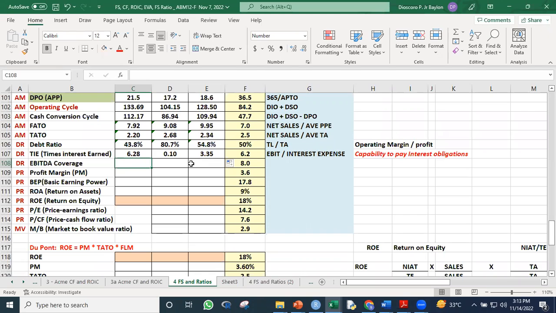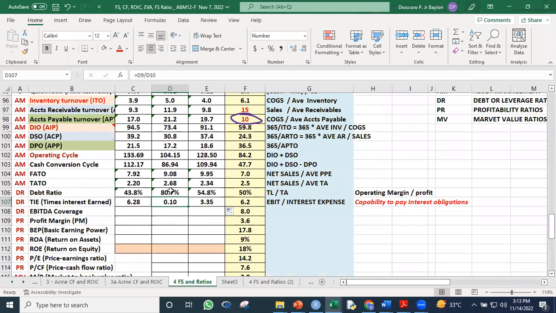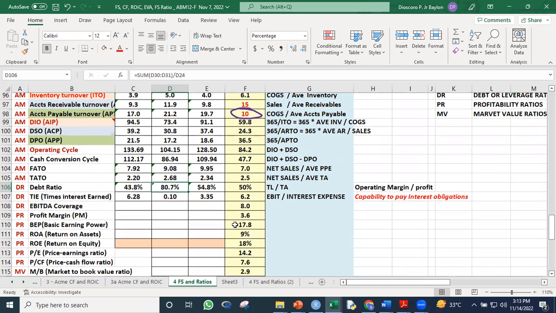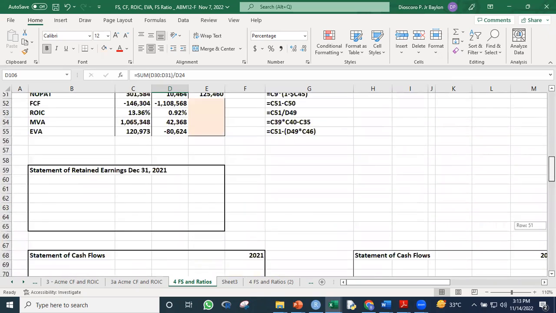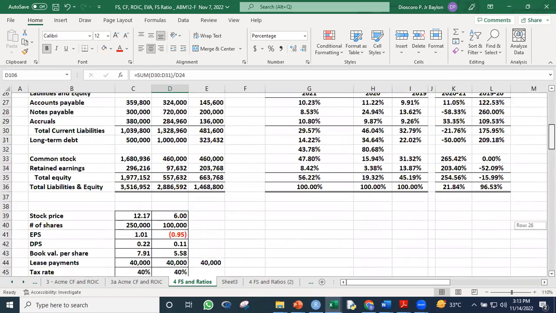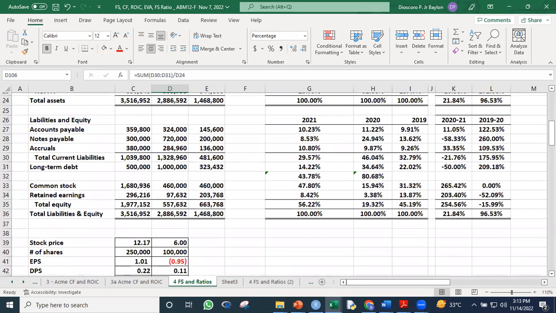Okay. However, in 2010, okay, let me backtrack a bit kasi hindi ko pa pala na-discuss no? Itong 80.7, saan ang galing yan? Bakit tumaas? Why did it jump from 54 to 80%? Apparently, if you take a look at the balance sheet, okay? So, yung debt ratio natin, which is total liabilities over total assets, ito yung liabilities natin, di ba?